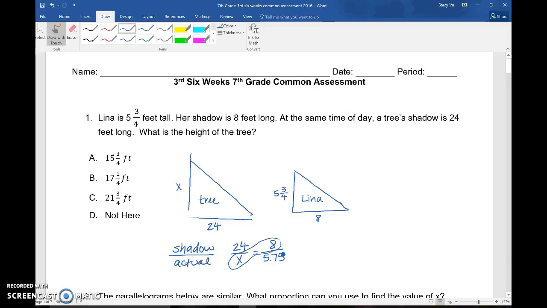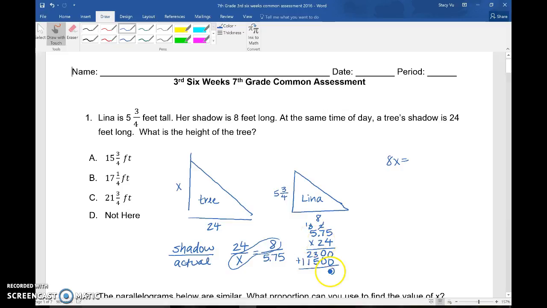So 8 times x, so 8x equals 5.75 times 24. So 5.75 times 24. 5 times 4 is 20. 4 times 7 is 28, 30. 5 times 4 is 20, plus 3 is 23, put a 0. 2 times 5 is 10. 1 up top, 2 times 7 is 14, plus 1 is 15. 2 times 5 is 10, plus 1 is 11.